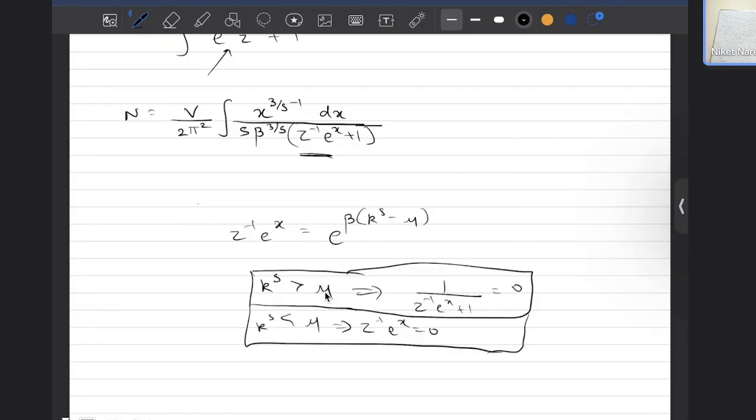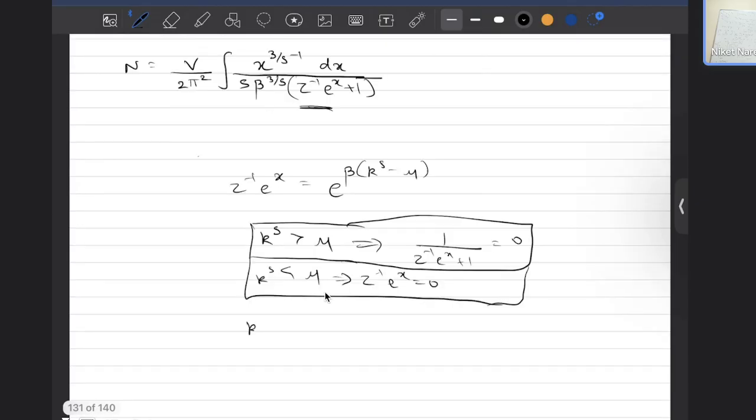Right. So k power s is equal to mu implies kf. Basically, k is equal to kf at that value. That is what I'm claiming. So this integral also goes from 0 to kf only. That's a big mistake that I made.